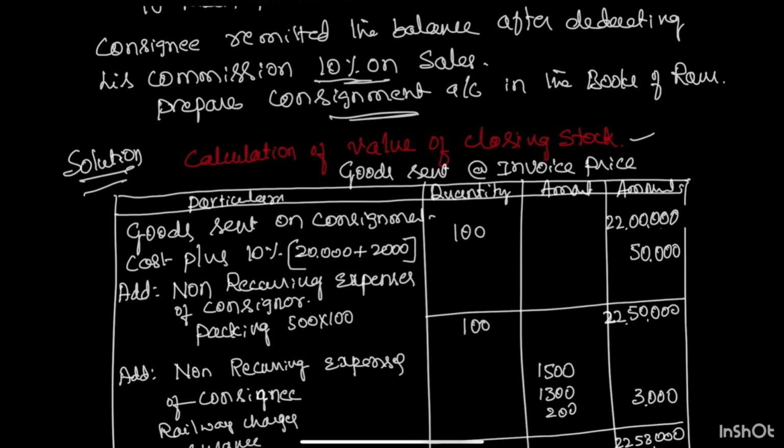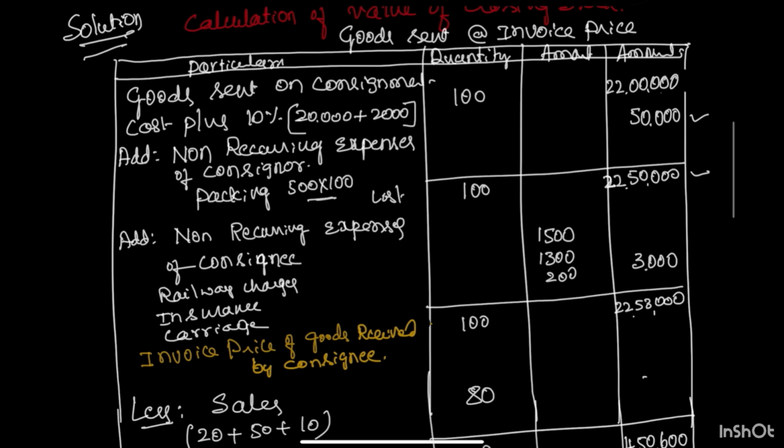For that we are adding non-recurring expenses of the consigner, that's the packing charges 50,000. So the value of 100 computers becomes 22 lakhs 50,000. This is the cost of 100 computers after adding non-recurring expenses.